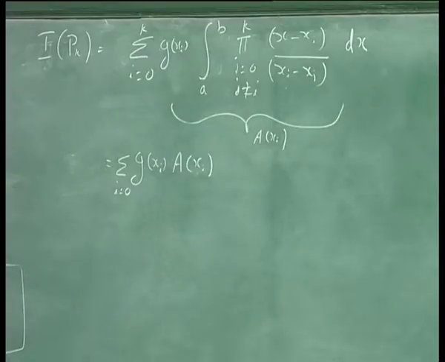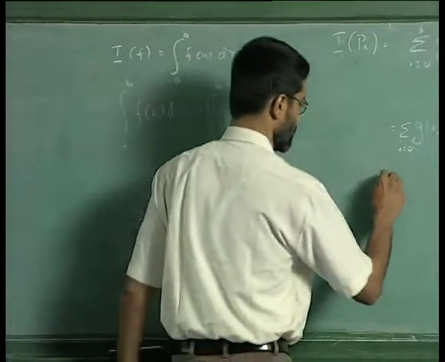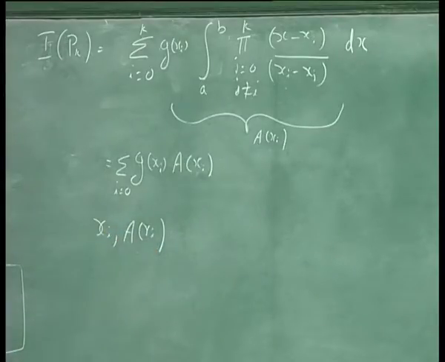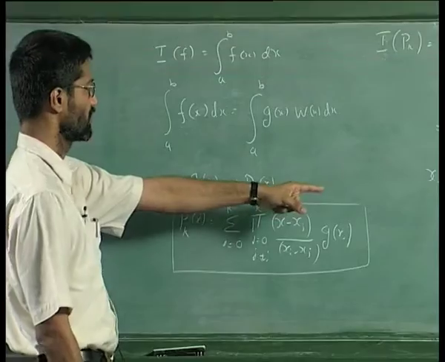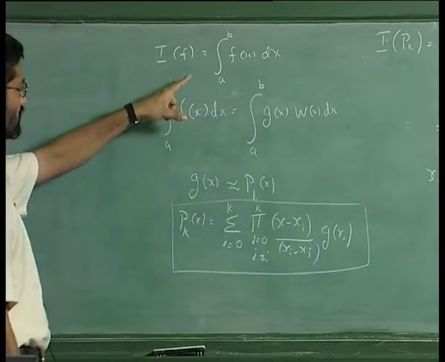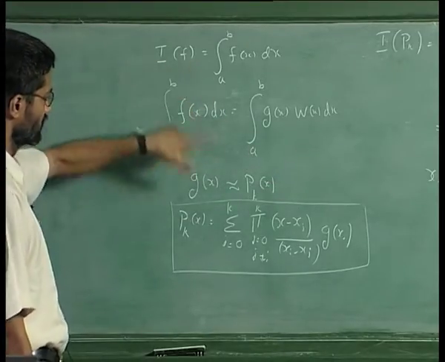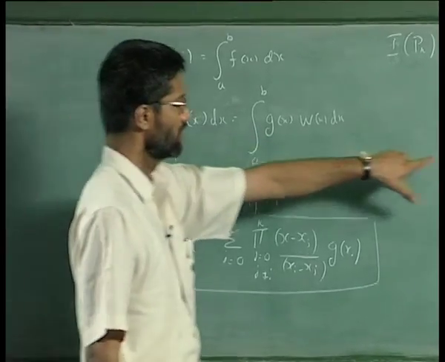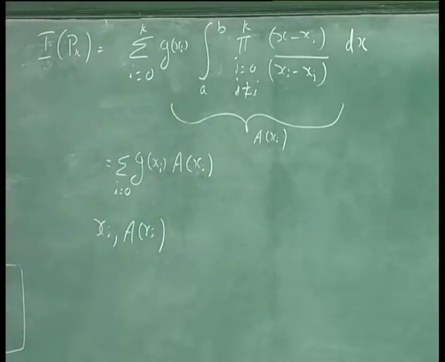So, once we have that, okay, so now if you have this pair, that is xi, a of xi pair, right. So, given that, then the integral of this function just simply reduces to g of xi a of xi.